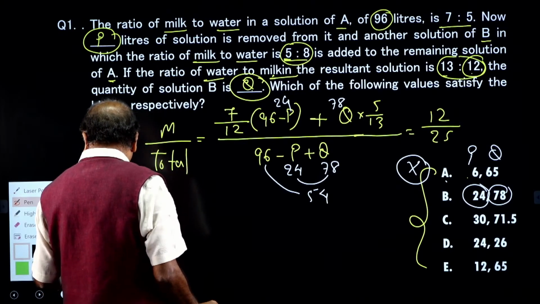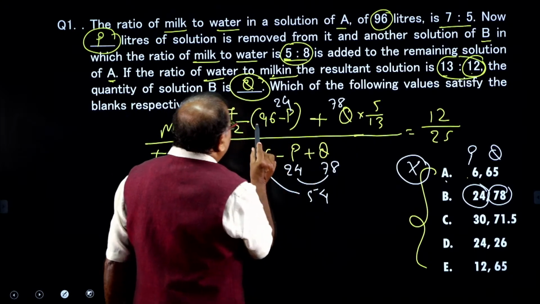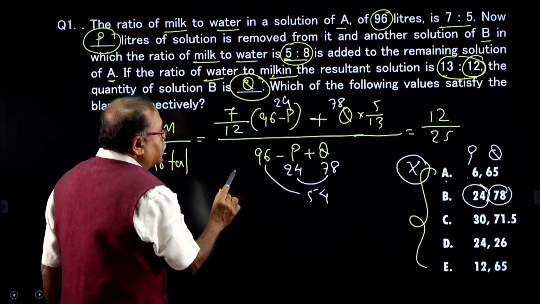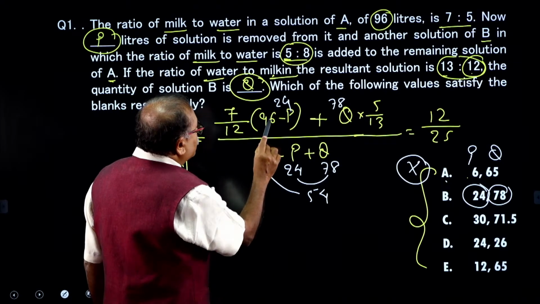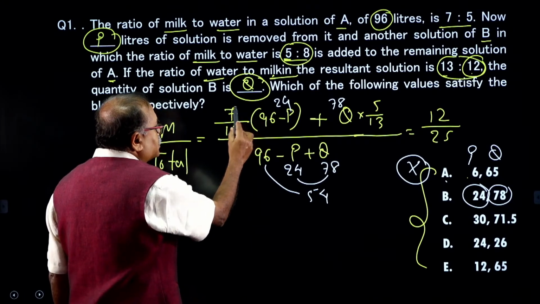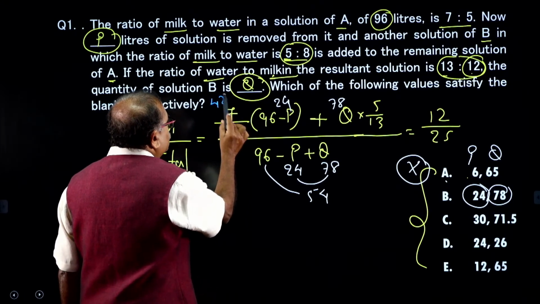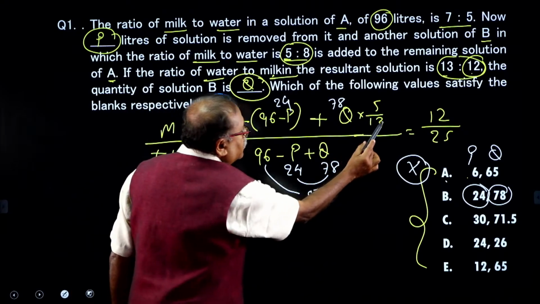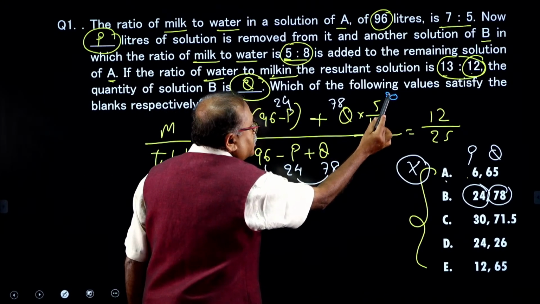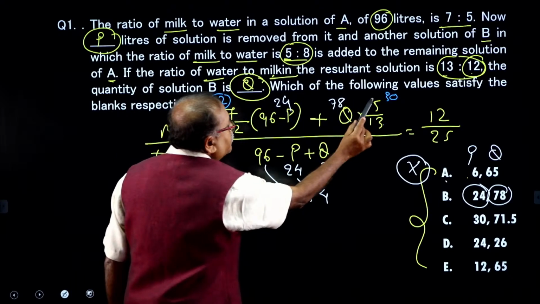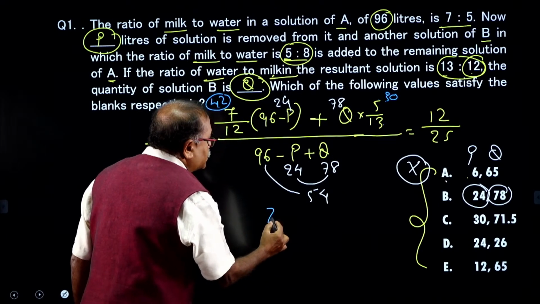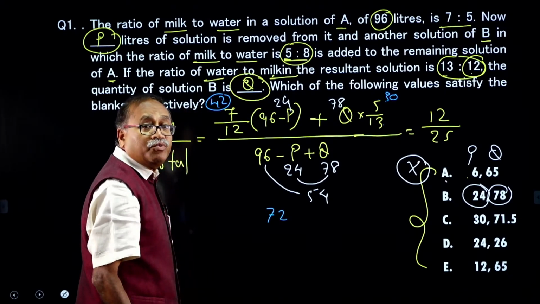So, let us cancel this and check what happens here. So, here 96 minus 24, and that I get as 72, 6 times 7 is 42. So, this figure gives us 42, and here with 13 this is 6 times, and 6 5 this gives us 30. So, 42 plus 30 gives us 72 in numerator.